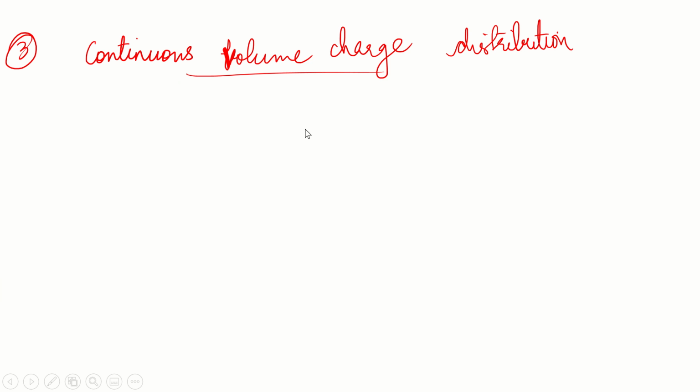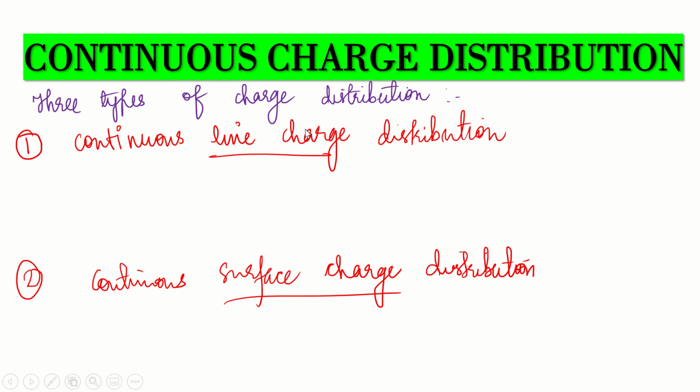Okay, so we have continuous line charge distribution, continuous surface charge distribution, and continuous volume charge distribution. So these are the 3 types of charge distribution.